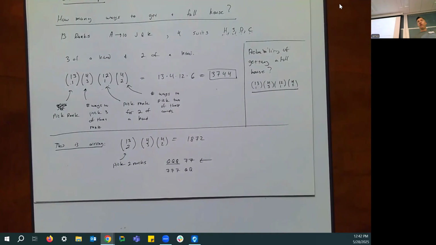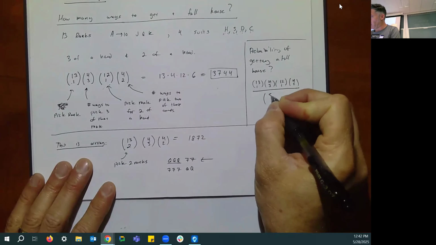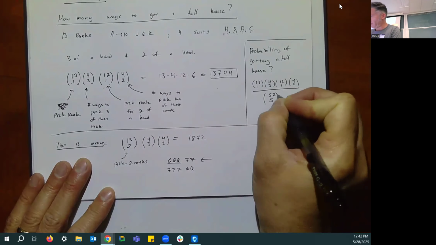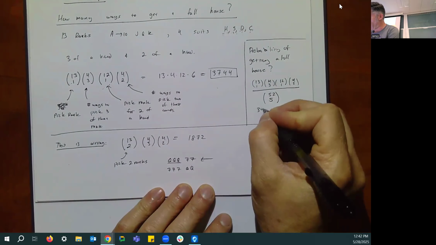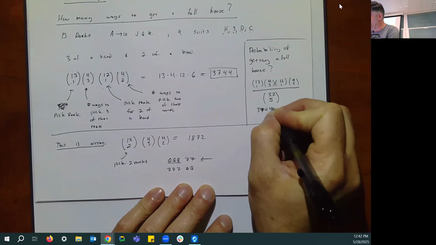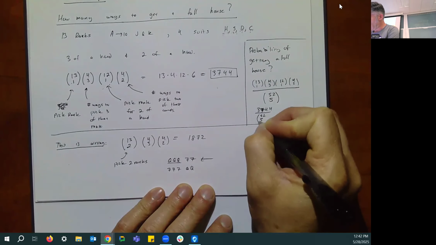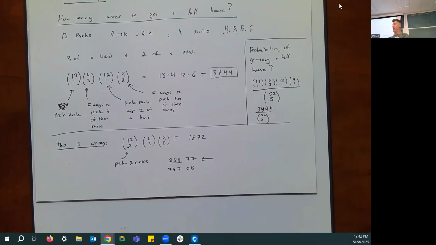How many cards are there to pick from? 52. And we're going to pick how many of them? 5. So that would be the probability of getting a full house dealt to you. That big number, 3,744, divided by 52 choose 5. Which is almost always what you're dividing by when you're talking about the probability of getting a hand of cards, because it's almost always a hand of 5 cards.